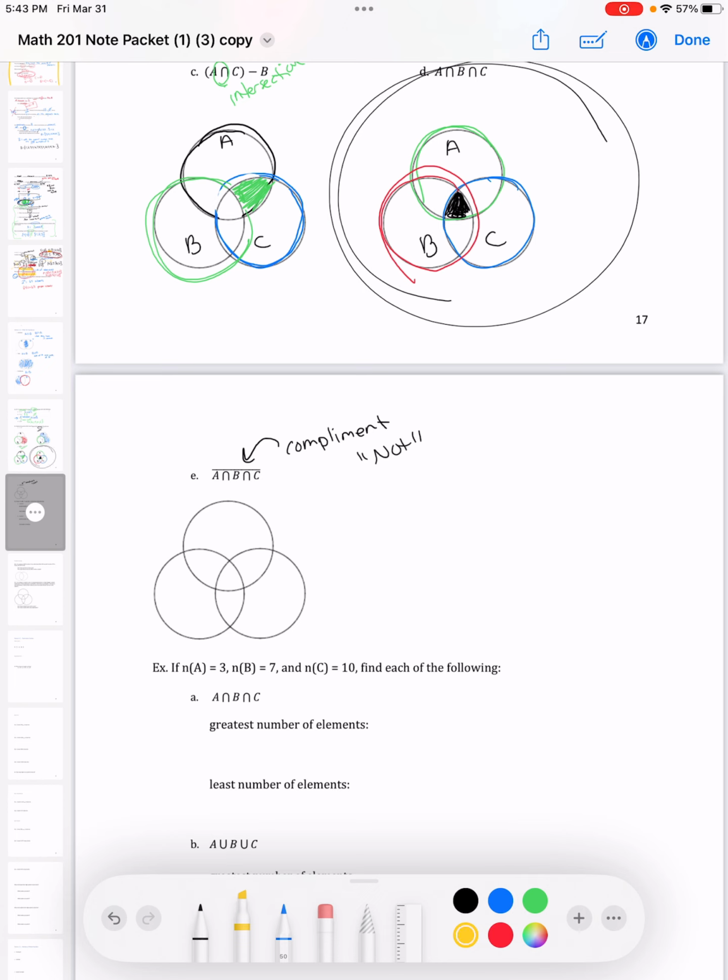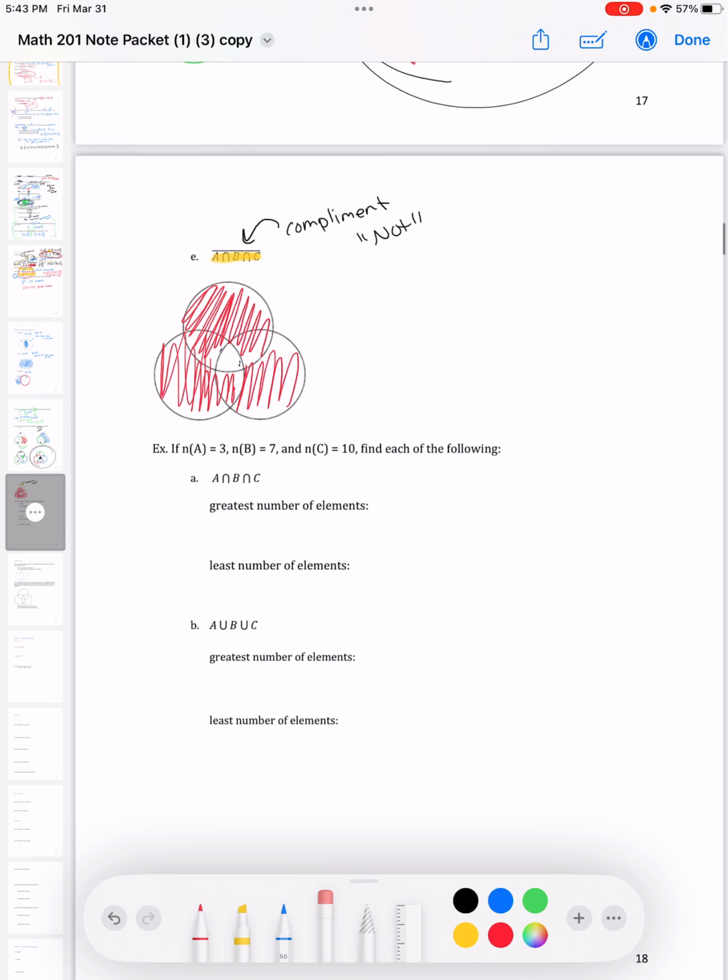If I were just doing the bottom part, so don't ignore the line at the top, I'd have this little piece here. That was my answer for D. I want everything that's not that. So I'm going to shade all the pieces that were not in the middle here. So that is my final answer for E.